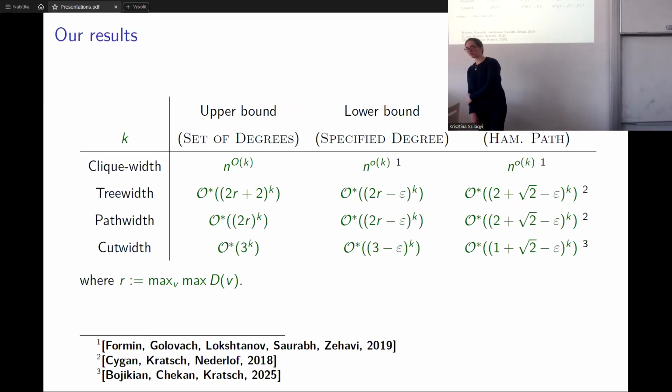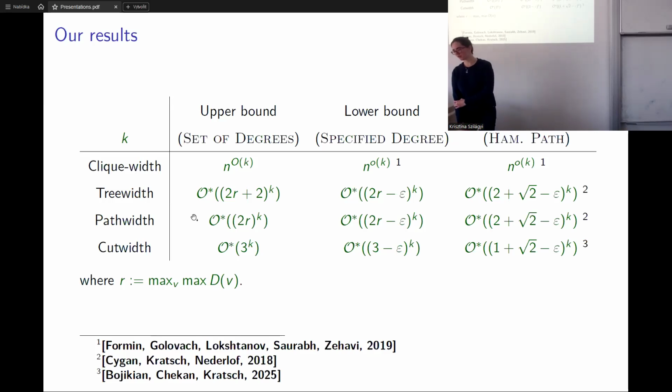So here are our results. One thing to note is that for cliquewidth, our algorithm only works if all edges have unit weight, and for the others it works in the general weighted case.